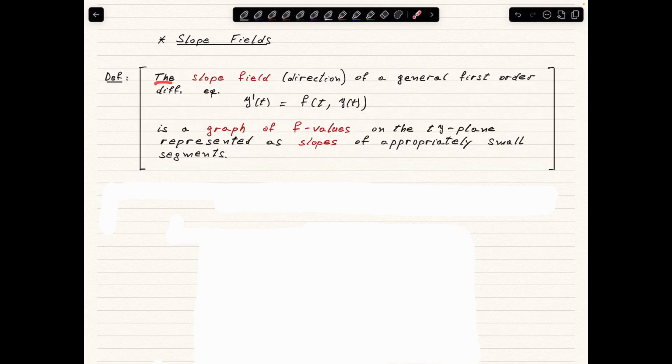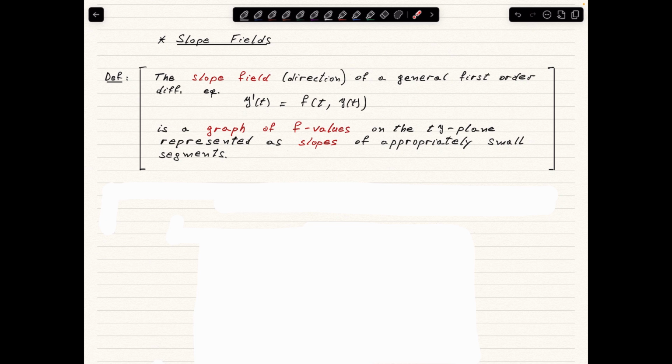Well, the slope field, also called direction field, of a general first order differential equation, here written in normal form, where f is an arbitrary function of t and y, is a graph of the values of the right hand side of the equation, the values of the function f on the ty plane, and these values are represented as slopes of appropriately small segments instead of points. So that is the slope field.